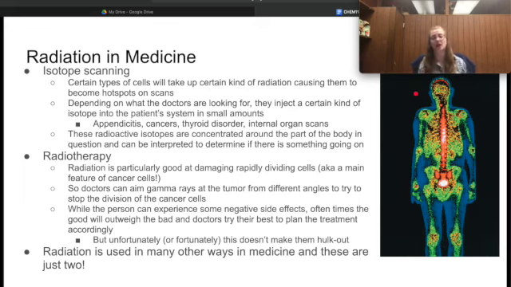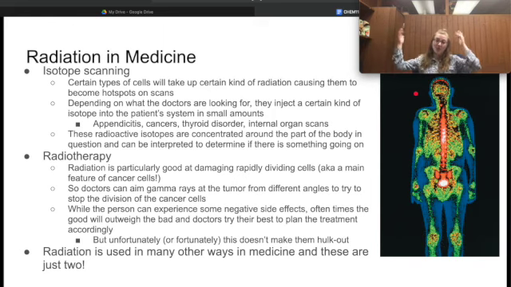They'll choose a specific isotope that will potentially be taken up by, let's say they're looking for a tumor, and they know that this type of tumor will really accept a certain isotope into its system. What it'll look like is a bright spot on the scan where you're like, holy crap, you do have a tumor.